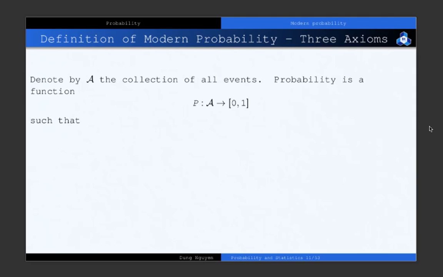So we will come up with the definition of modern probability with 3 axioms.